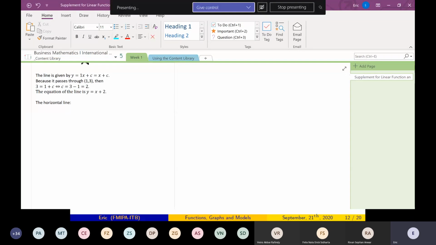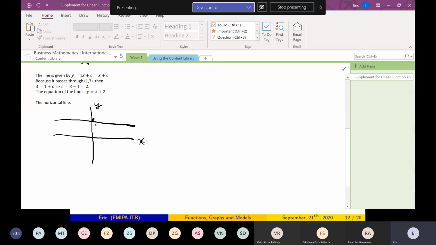For the horizontal line, don't forget to label your axes, x, y.